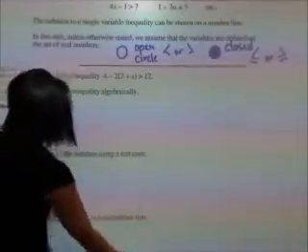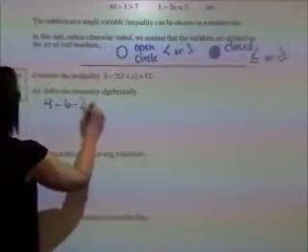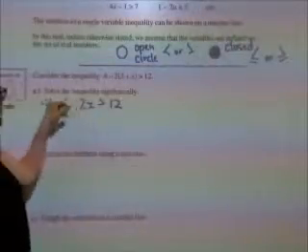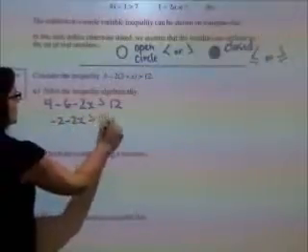The first step would be to remove the brackets. And then if I subtract or collect my like terms, I get to this point here.